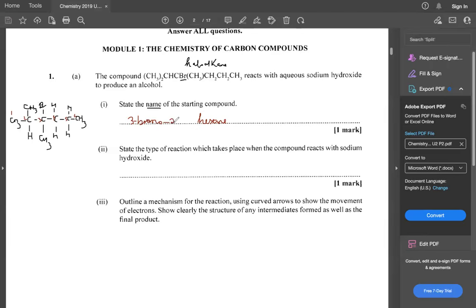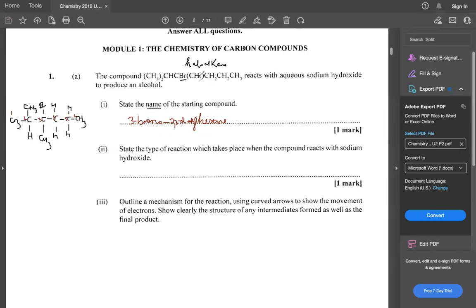So then we'll just write 2, 3, right? It will be dimethyl because there are 2 of them. So it's 3-bromo-2,3-dimethylhexane, right? So that's our compound. So that's the IUPAC name of this.